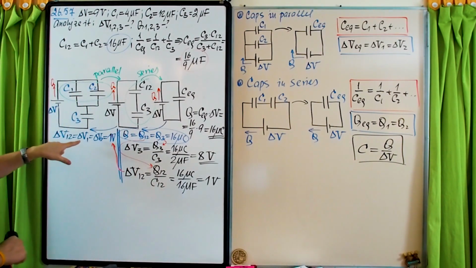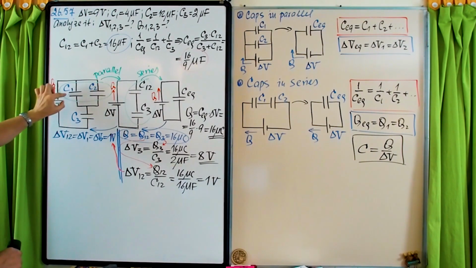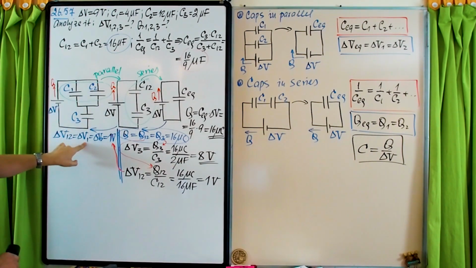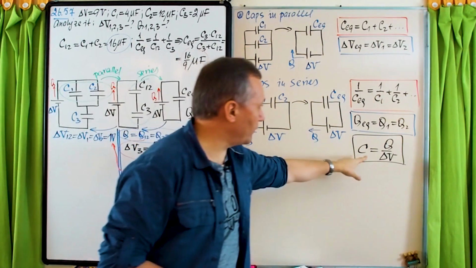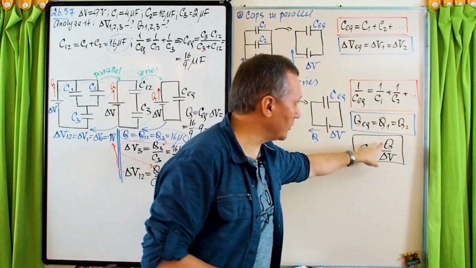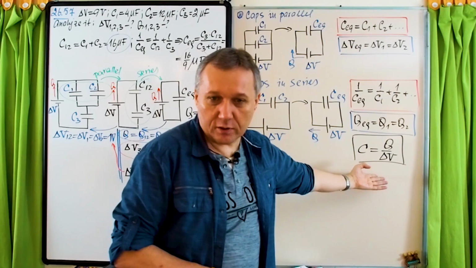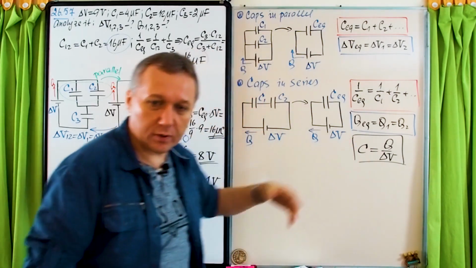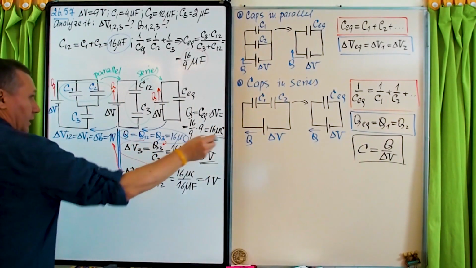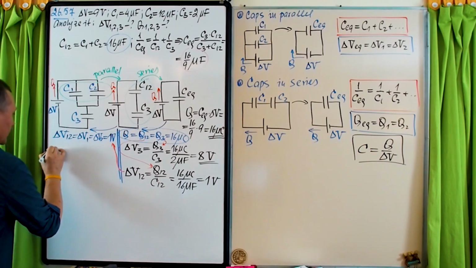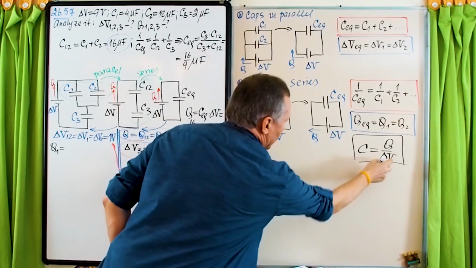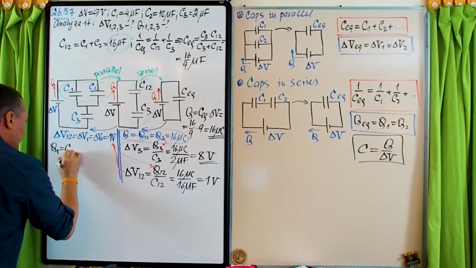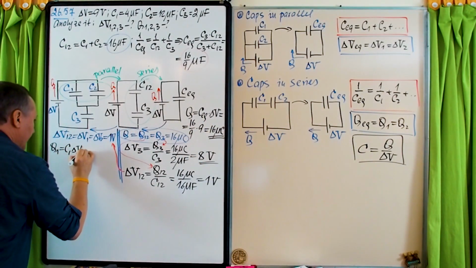Okay, and now if you know the potential difference across capacitor C1, this delta V1, 1 volt, can you find the charge? Piece of cake. C1 you know, delta V1 you know, you can find Q1 using this formula. That's why I usually write it somewhere in the corner all the time. So Q1 equals C1 times delta V1.